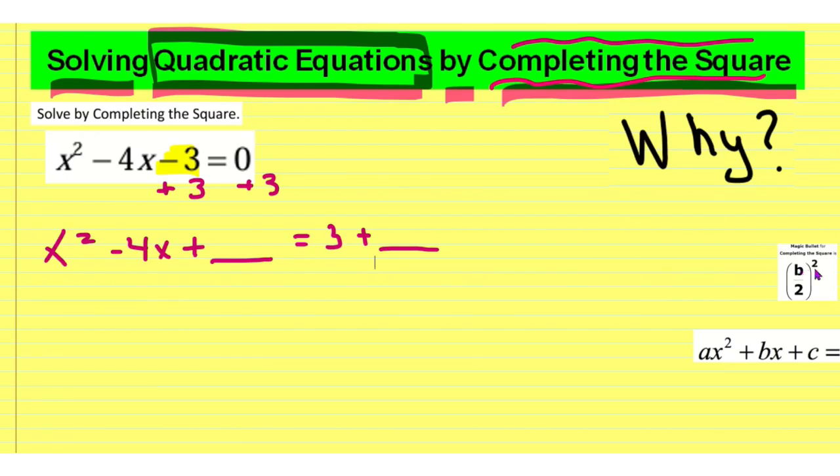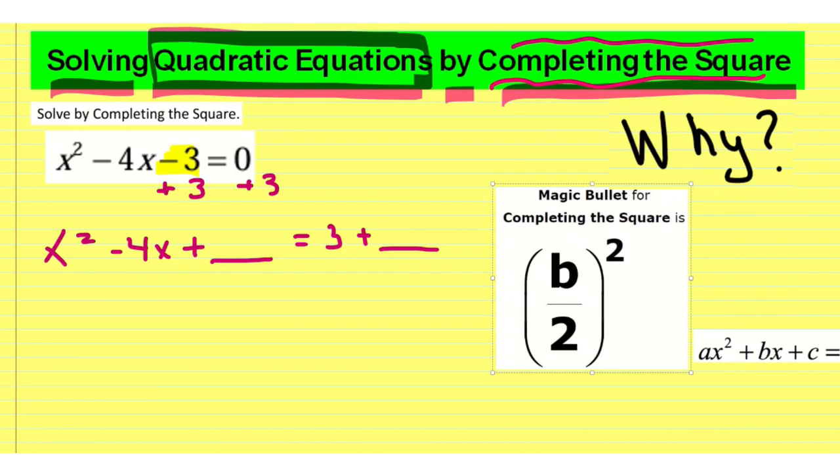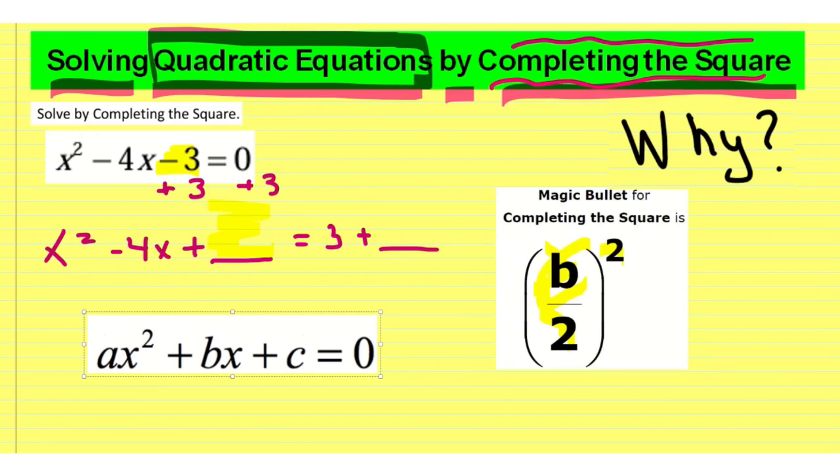Now, what am I going to put in that blank? Well, I'm going to use what I like to refer to as the magic bullet. I'm going to put b over 2 squared in this space right here. So where do I get my b number? Well, I get my b number from the standard form of a quadratic. Anything in front of the x squared term is an a term, whatever is in front of the x term is a b number, and whatever is the constant by itself is the c.